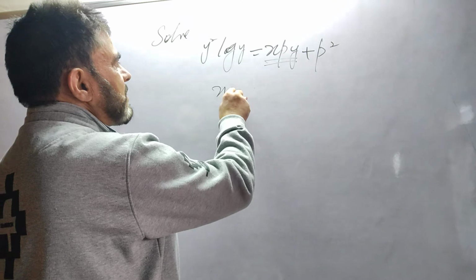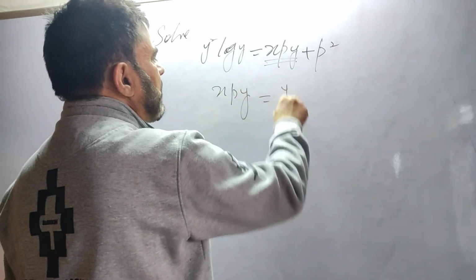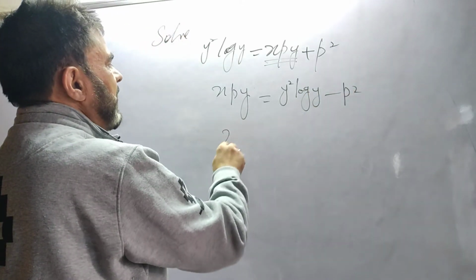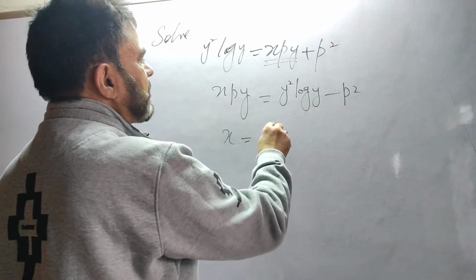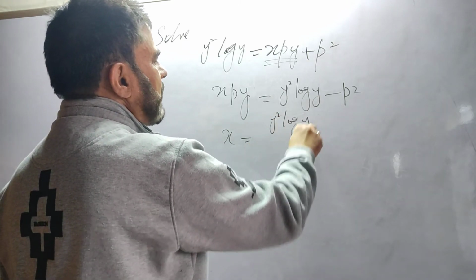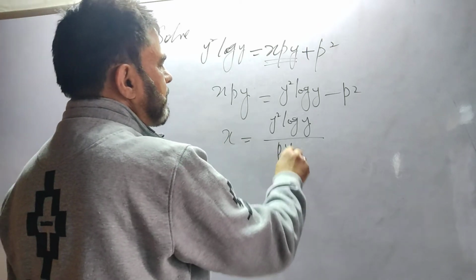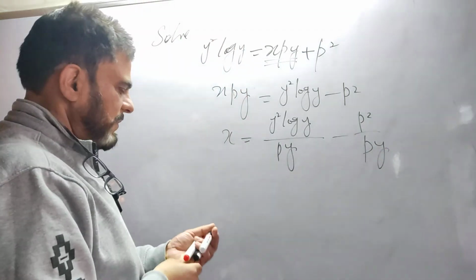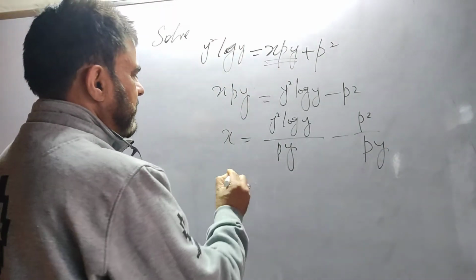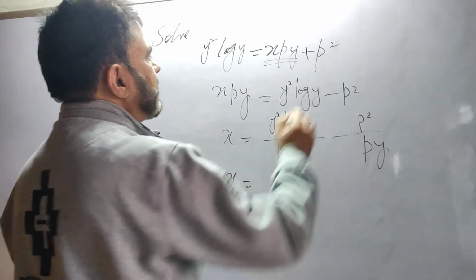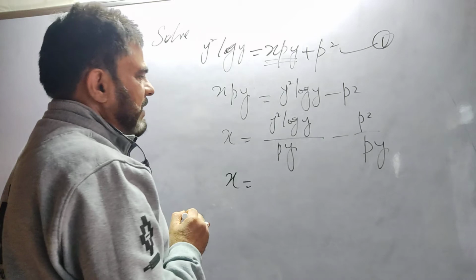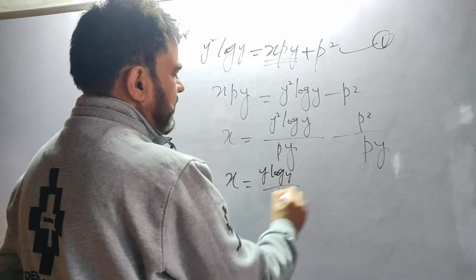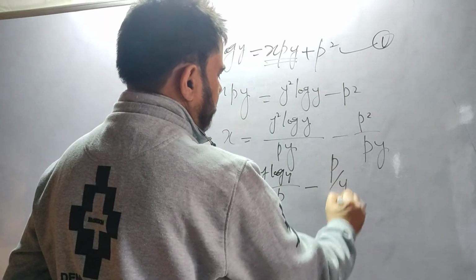I can write x p y is equal to y square log y minus p square. This is x is equal to y square log y by py, then minus p square by py, so that you can write your x is now, this is your first equation, y log y by p minus p by y.